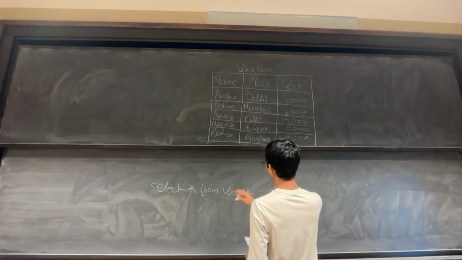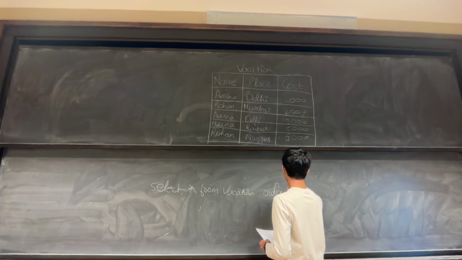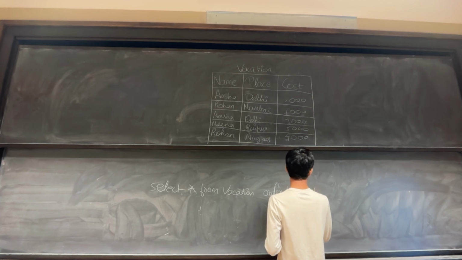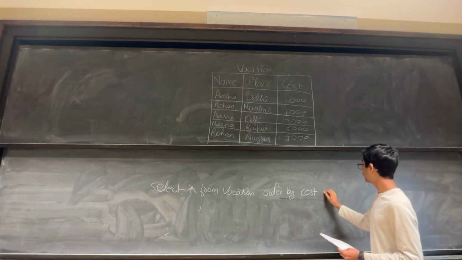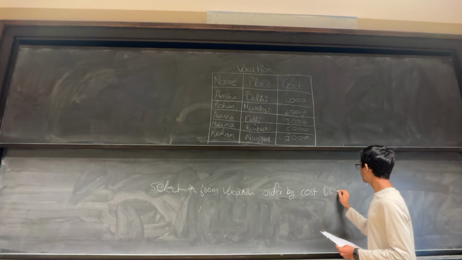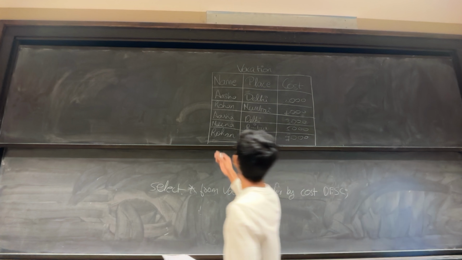So I'll write select star from vacation order by cost, and since I'm trying to set this in descending order, I'll write DESC semicolon.